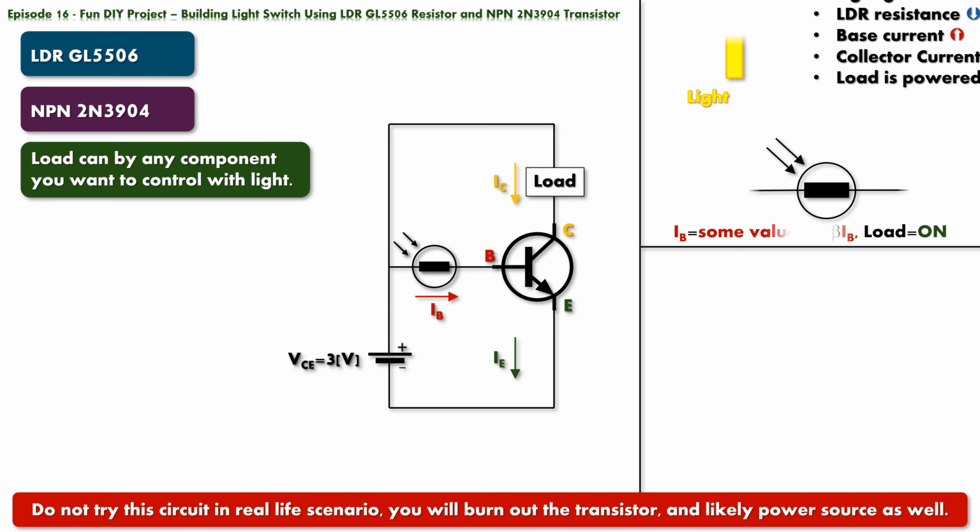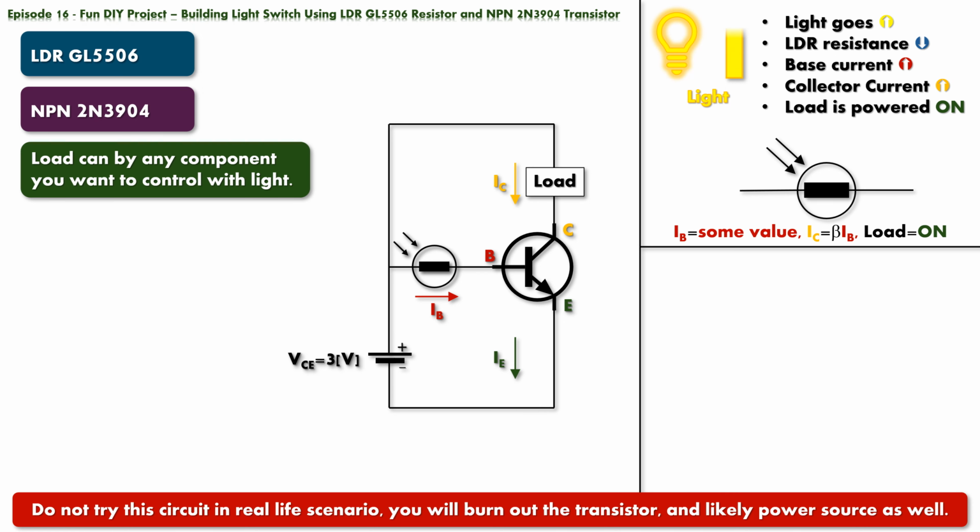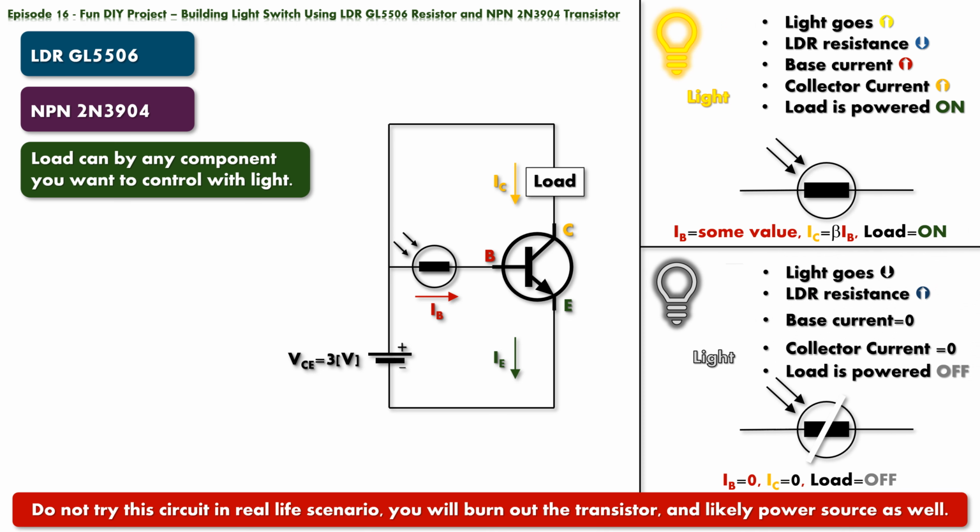Logic would suggest that when light goes up, the resistance of the LDR goes down, there is a base current, our transistor is properly biased for saturation mode, and the circuit is powered up, so the load is on. Vice versa, when there is no light, the resistance of the LDR goes up, there should not be any base current, our transistor is in cutoff mode, and the circuit is powered down, so the load is off.